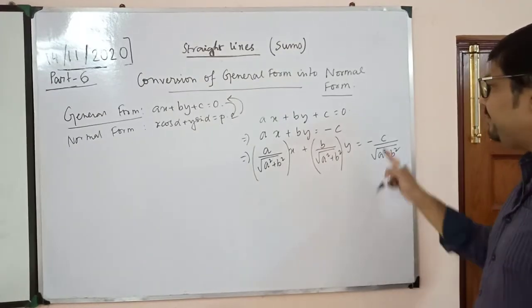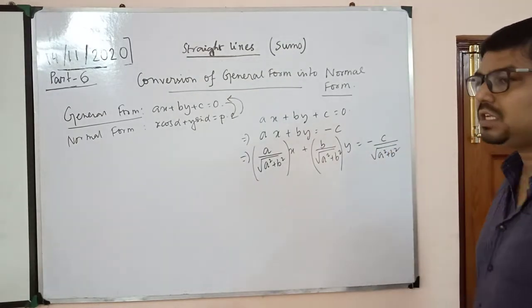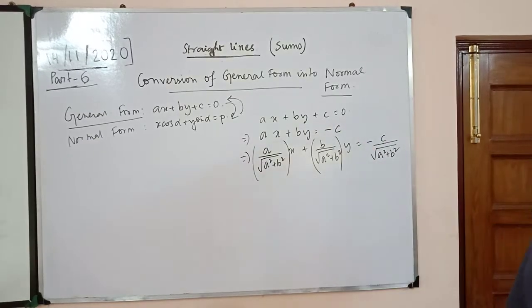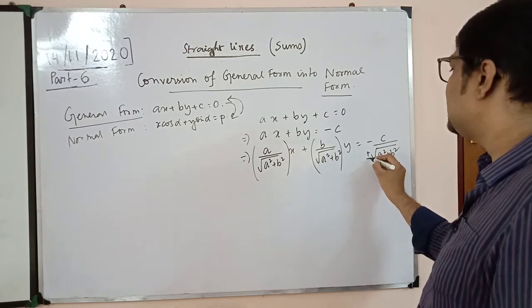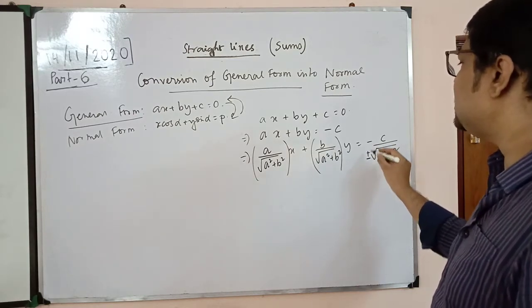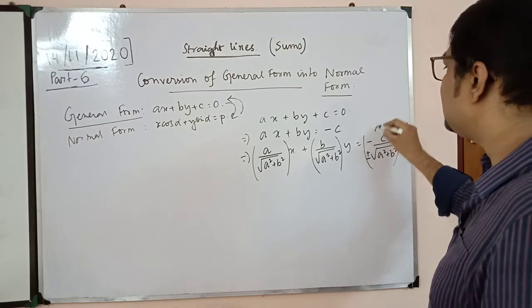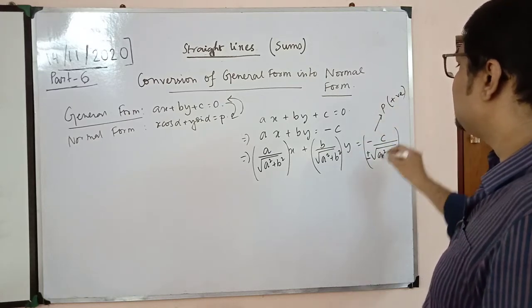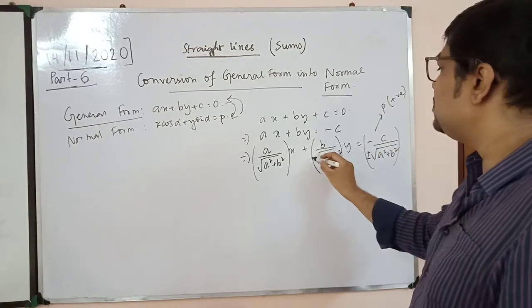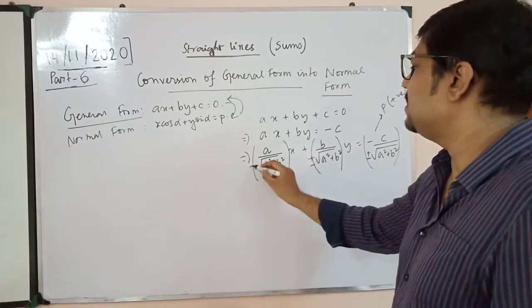Now, if this c is positive, this will be negative overall. So you have to choose the sign. There are two signs, remember, plus minus. So you have to choose the sign just to make this side positive. So this is p, which is always positive. So whatever sign you choose, you put over here accordingly.